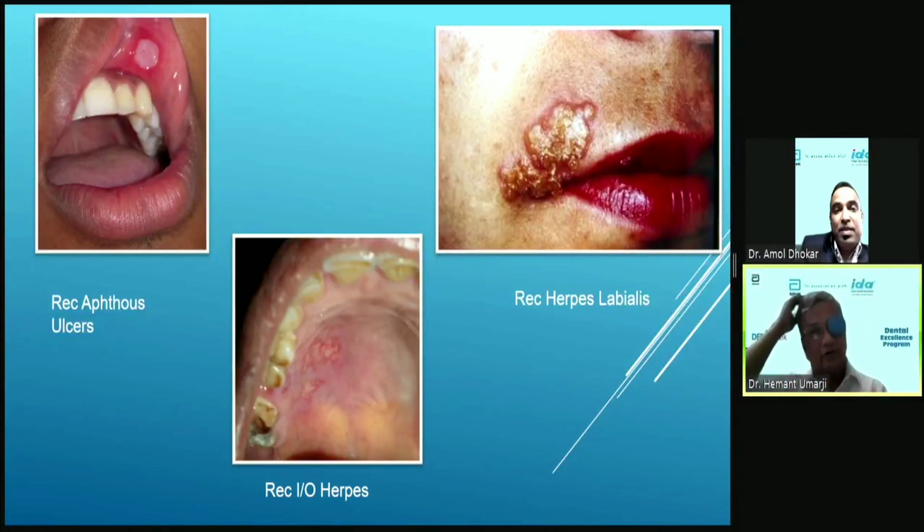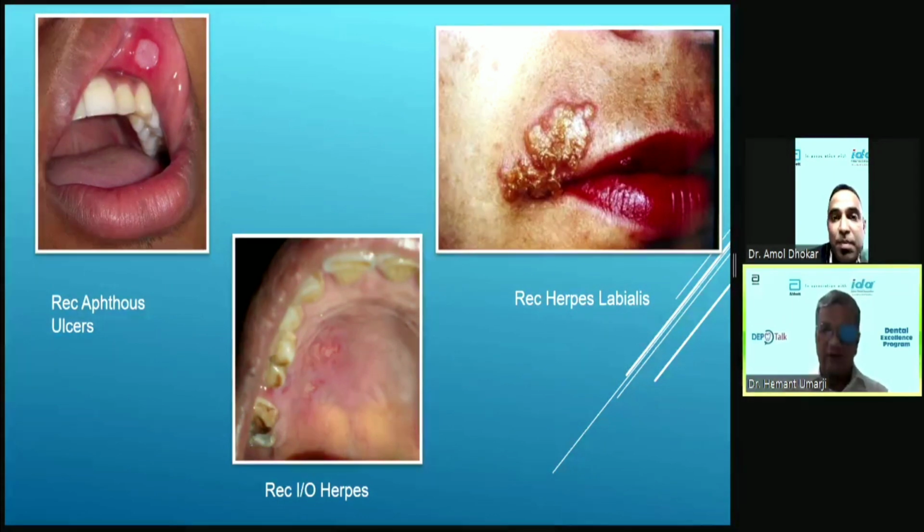We want the body to develop antibodies, so antibody formation is suppressed by steroids, and the infection will become worse. It may go to the brain and all that. So in herpetic lesions, steroids are contraindicated, and in erythema multiforme, aphthous ulcer, etc., steroids are the drug of choice. So that we have to remember. That is why we must differentiate also.